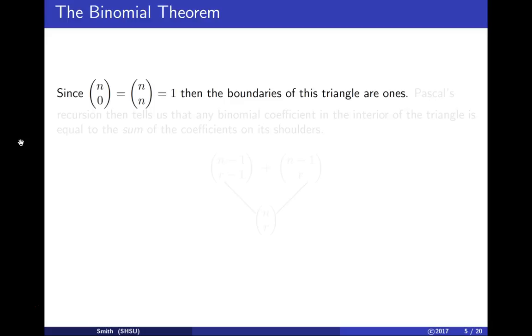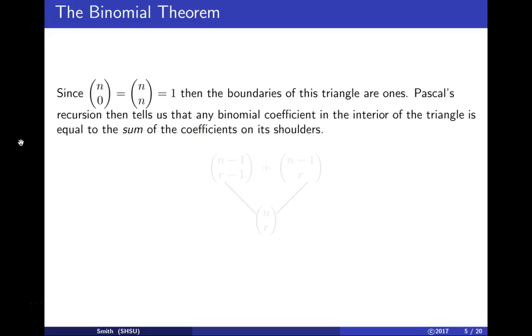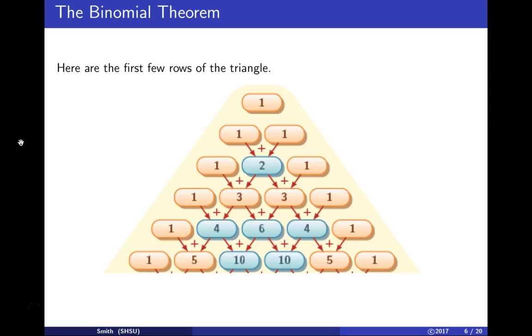The number of ways to choose nothing from a set of size n, or the number of ways to choose everything from a set of size n, is just 1. These will be the boundaries of our triangle, and then Pascal's recursion tells us how to get any binomial coefficient that's in the interior of the triangle, and we do that by taking the sum of the things on its shoulder. So for example, here are the first few rows of the triangle.